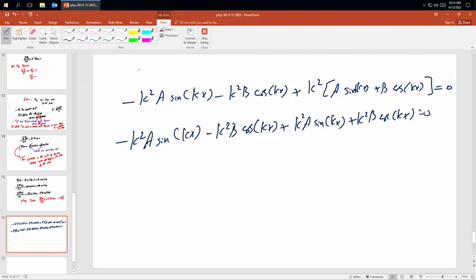And if you notice, what do we have? We have k squared a sine k of x minus k squared a sine k of x, right? Minus b. So guess what? 0 equal to 0. Everything cancels out to be 0, so that satisfies the solution equation. So let me go ahead and write that down.